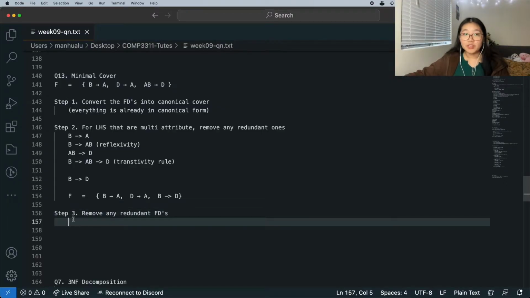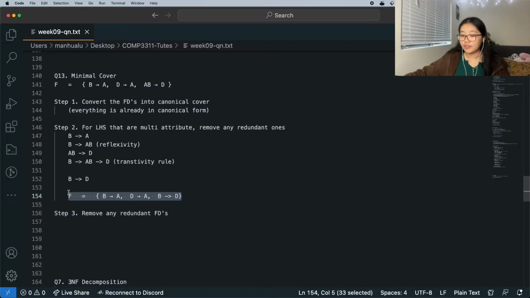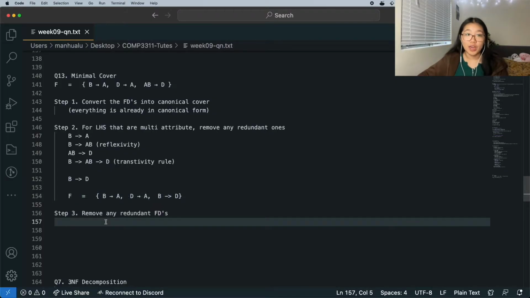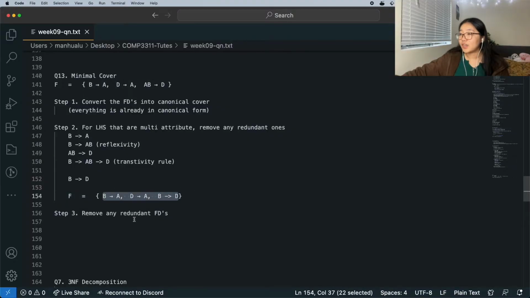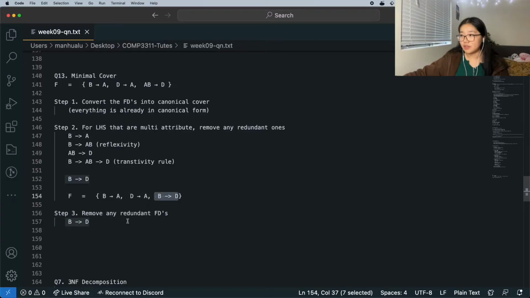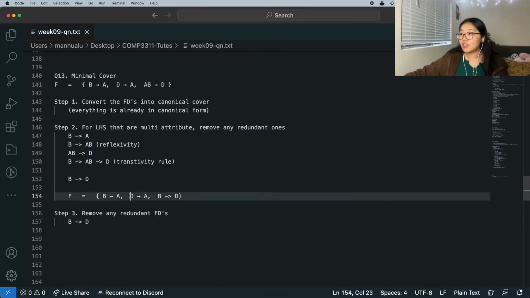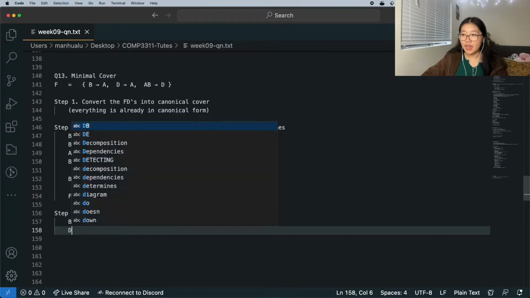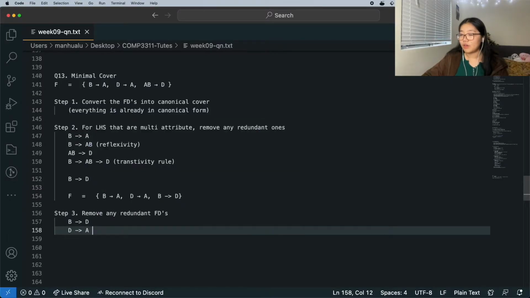So step 3 is finally you want to look at this entire thing and see if there's anything you can remove. Once again, this one will use your transitivity rule, because you can see that B gives you D, and then you see that D also gives us A, right?